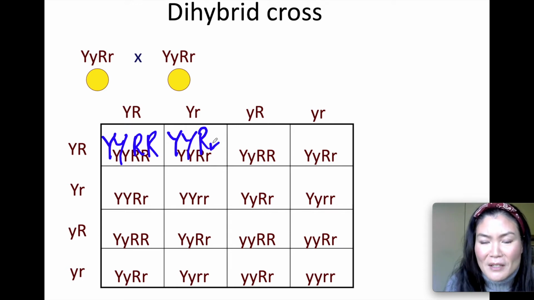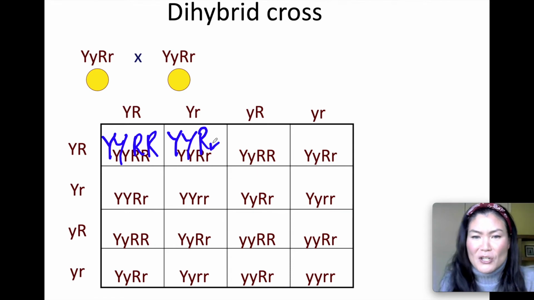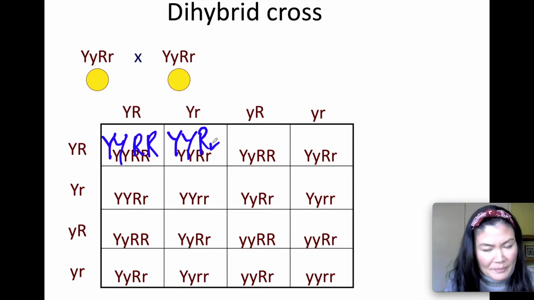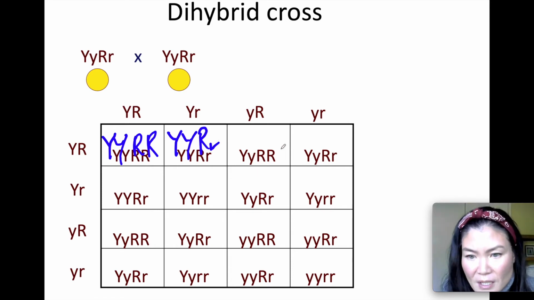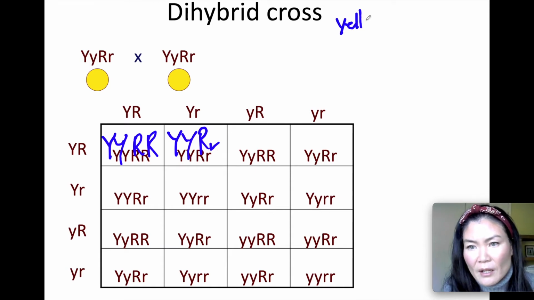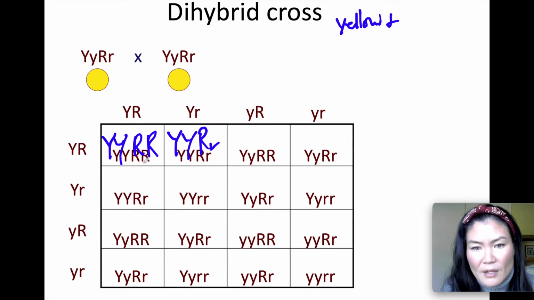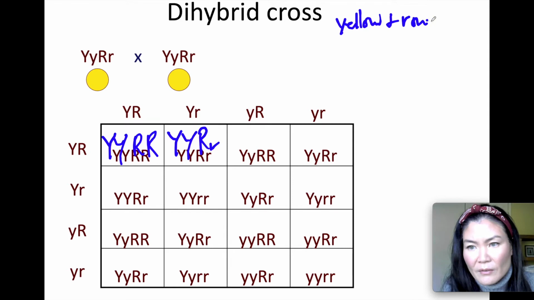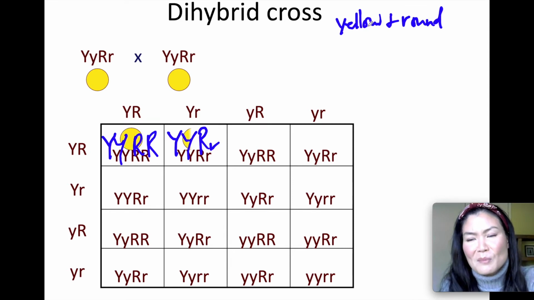Now, the question was asking about the phenotypic ratio, like the physical appearance. Whatever box I see that has a big Y, that's going to be yellow. So I'm going to write yellow. And then in terms of shape, I do see round. So I'm going to write yellow and round. I think that in the PowerPoint this all comes up anyway, so let me just press the button.